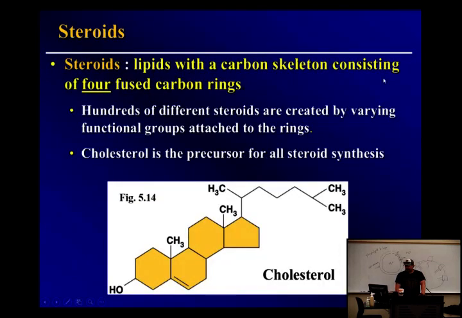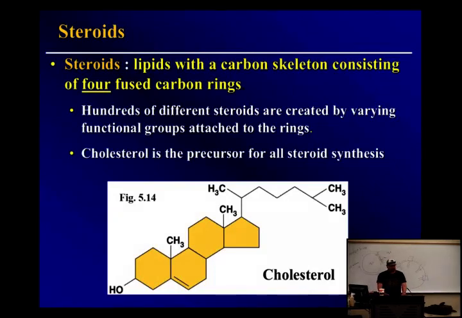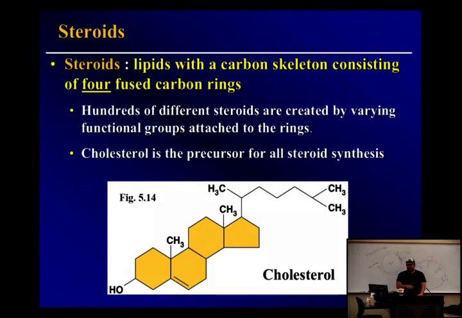Any questions about that? Okay, so the last fat that we're going to talk about is steroids. There's two different kinds of steroids. There's what we call lipid steroids, and then there's protein steroids. So insulin is considered a steroid too, but it's not a lipid steroid because it's made out of protein.